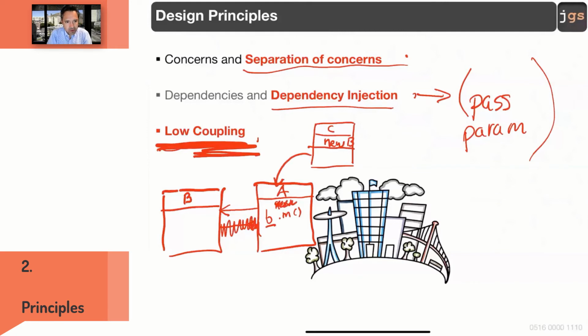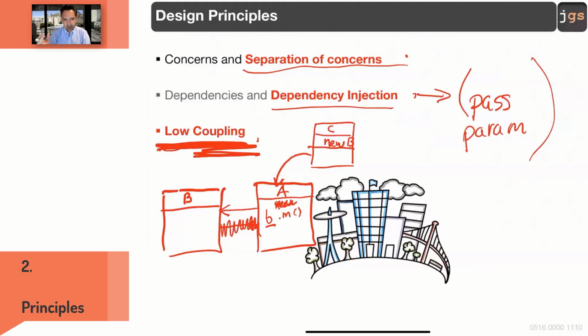That is an example of dependency injection. A has a dependency with B. A needs B. But instead of having A creating the object, doing the new, what I am going to do is inject the dependency. Injecting the dependencies, passing as a parameter what you need to work.